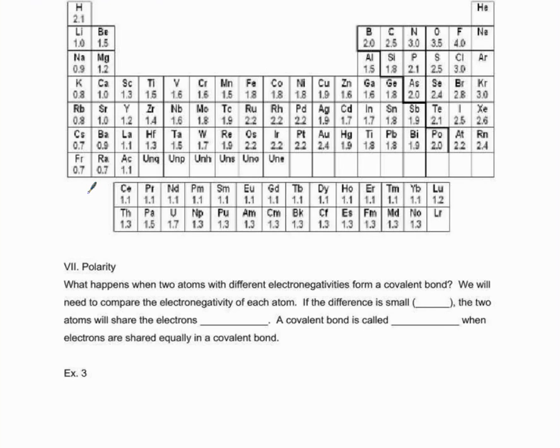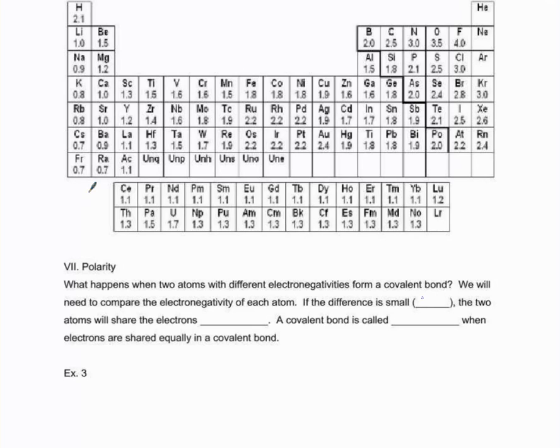So we're going to use these numbers and look at our next concept, which is polarity. So what happens when two atoms with different electronegativities form a covalent bond? So we already talked about electronegativity. They're going to share unequally. So we'll need to compare the electronegativity of each atom.